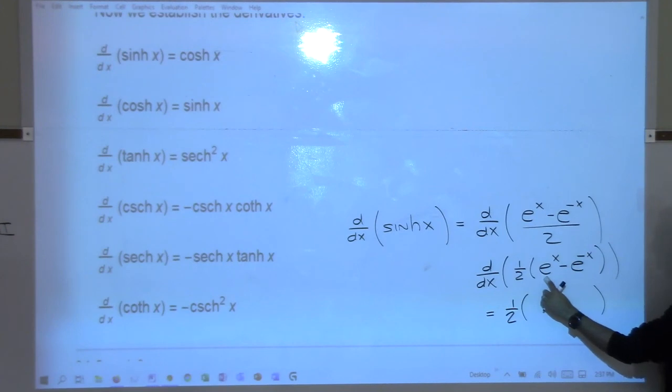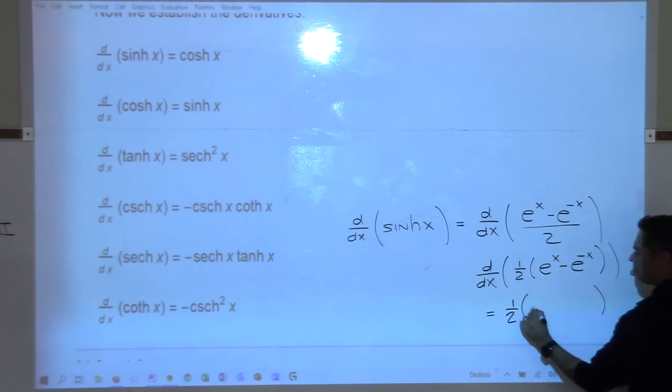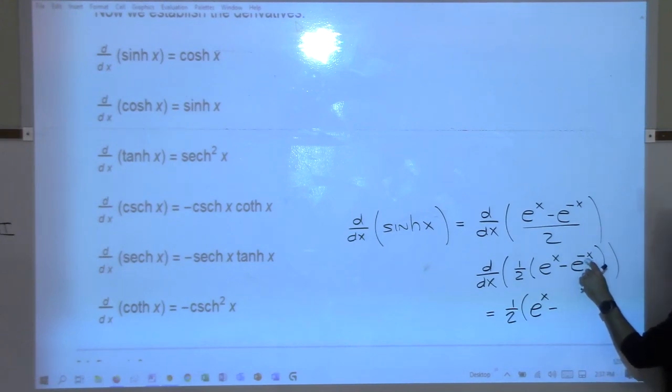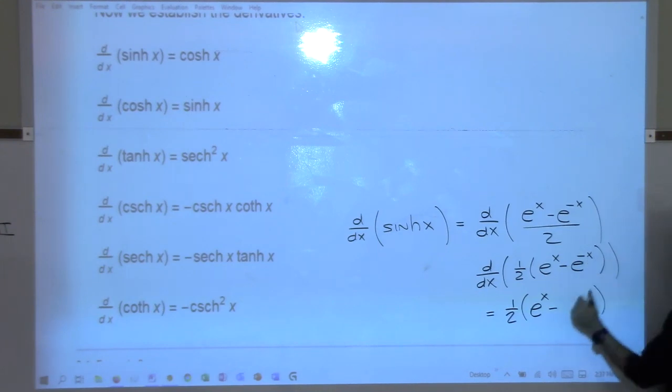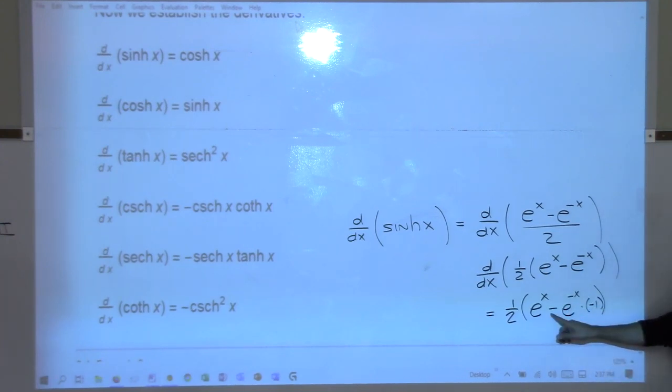So the derivative of e to the x is itself. Minus, now be careful here, the derivative of e to the negative x is itself, but then times the derivative of what's up here, which is -1. So you're going to wind up getting e to the negative x times -1, and the negative and negative now turn that into a plus. So now you have 1/2 e to the x plus e to the negative x, which is cosine hyperbolic.